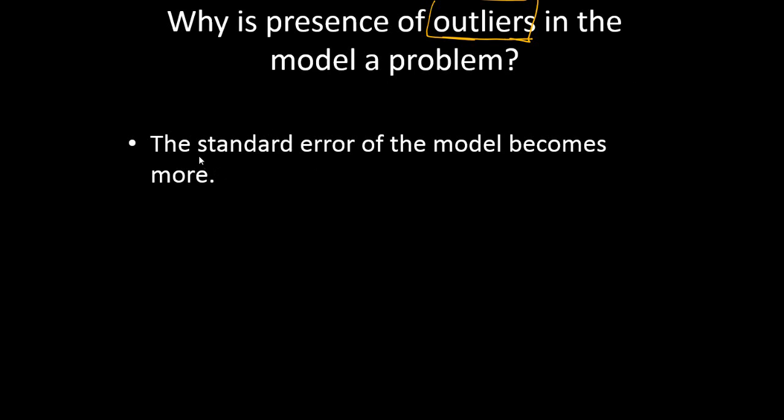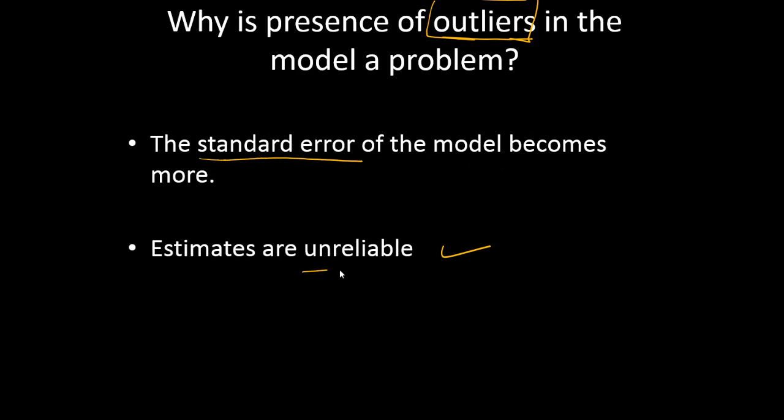If you don't remove them, then you will find that the standard errors of the parameters will be a lot more than expected, and then your estimates are going to be unreliable. You cannot interpret your estimates. So that's the problem. You should ensure that the outliers are removed.